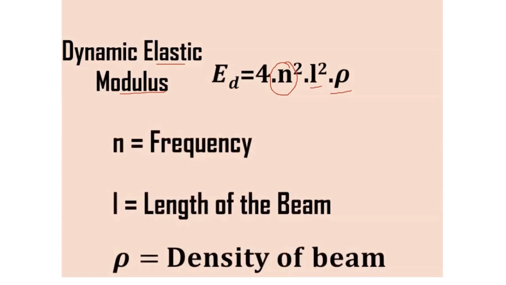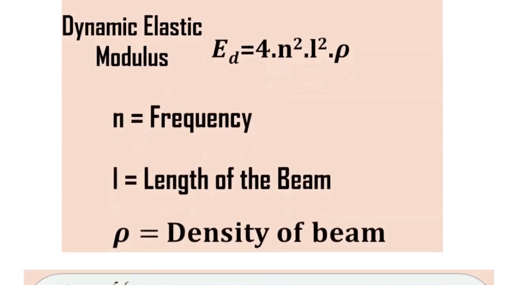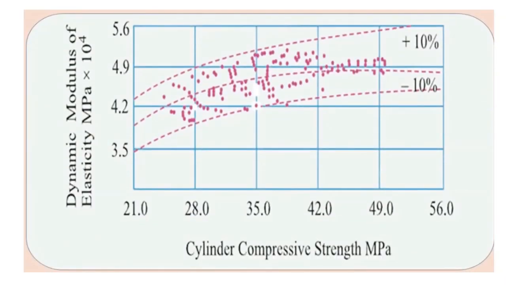So by measuring the frequency with which the concrete is vibrating, you can find the dynamic elastic modulus, and from that value you can calculate the compressive strength of the specimen from this graph. As you can see here, the y-axis is the dynamic modulus of elasticity, and using that you can find the strength of the concrete.